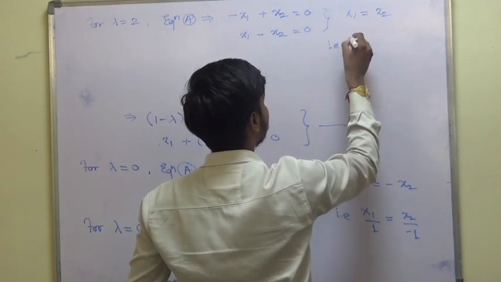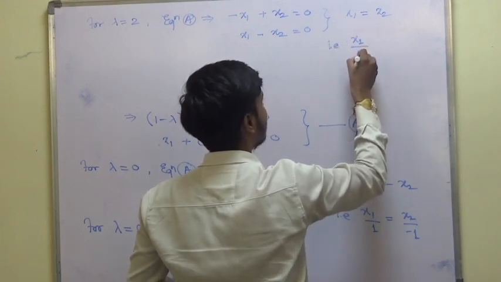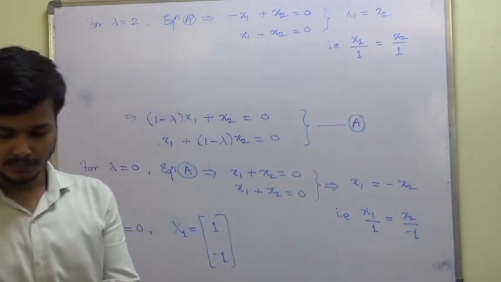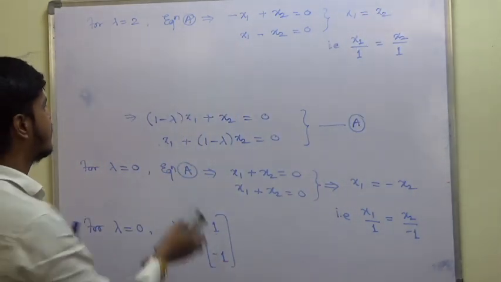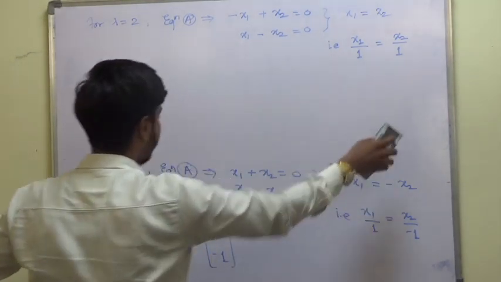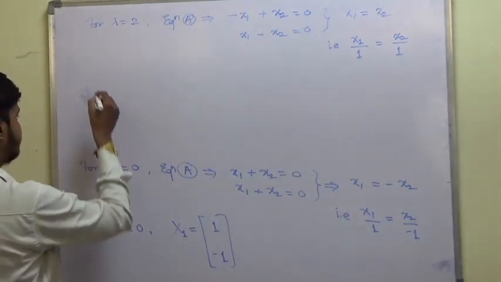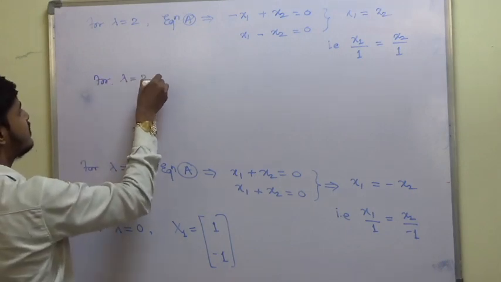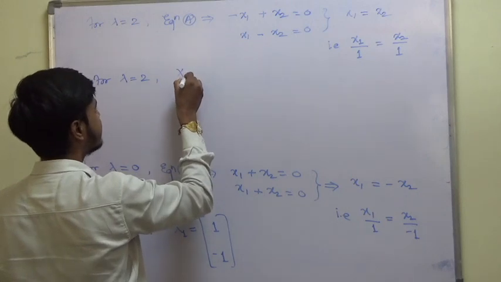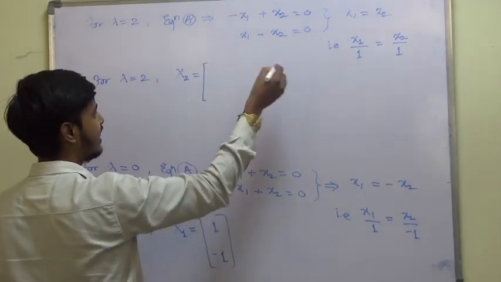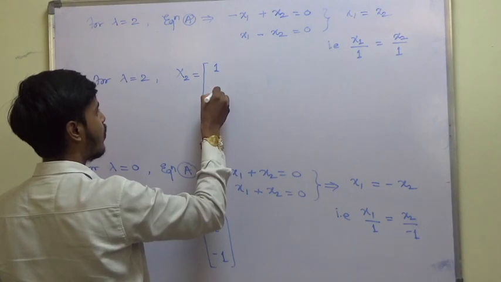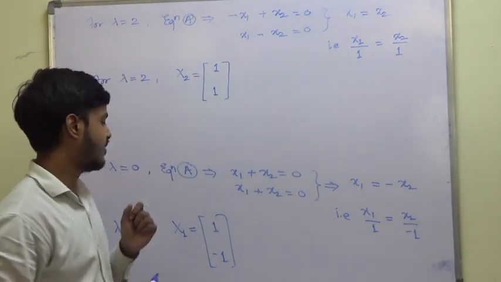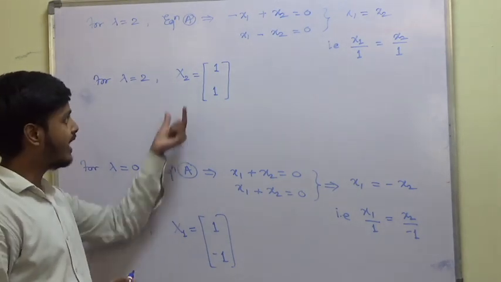That is what we can write, x1 upon 1 is equal to x2 upon 1. So you can add one sentence here like this. For lambda is equal to 2, we have the second eigenvector x2 as 1, 1. Okay. So we have these eigenvectors, x1 and x2.